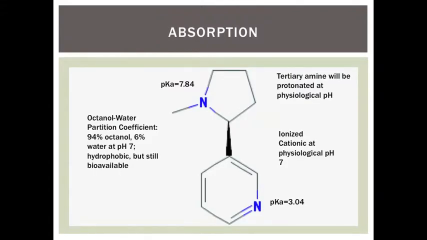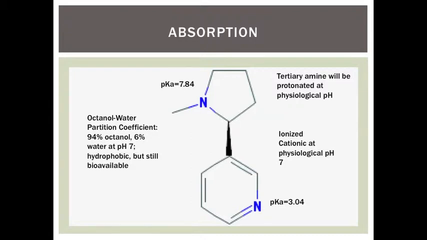The absorption of nicotine is directly related to its physical-chemical properties. As can be seen from its structure, nicotine is an organic molecule consisting of a pyridine molecule and a cyclic ring including a tertiary amine. There are thus two ionizable groups, comprised of the nitrogen atoms, with pKa values of 7.84 and 3.04.